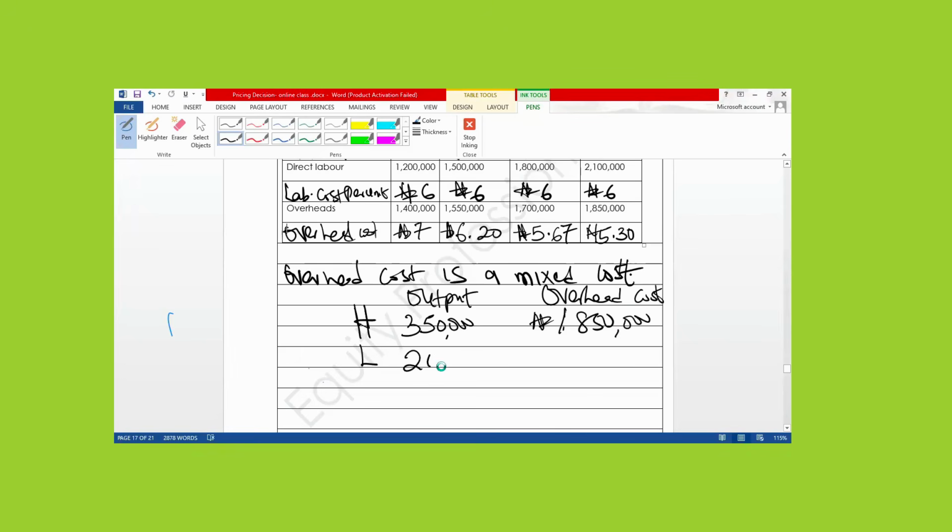At the low level, 200,000 units, total overhead is 1.4 million. The difference is 150,000 units. Difference in cost, what do we have? 450,000.